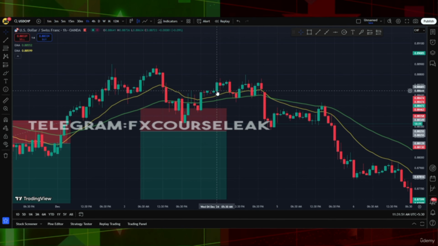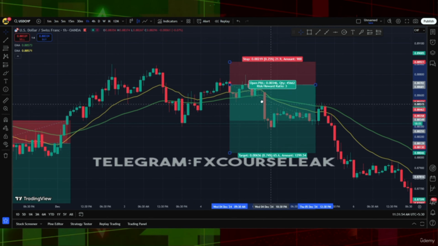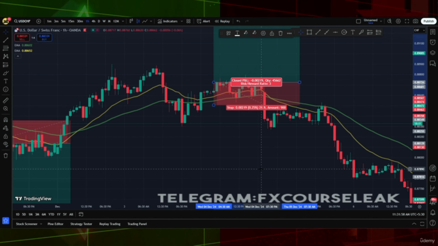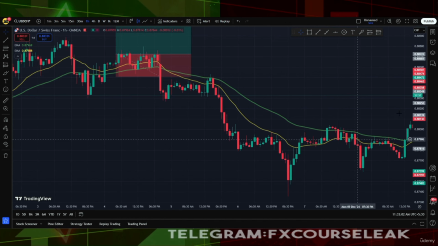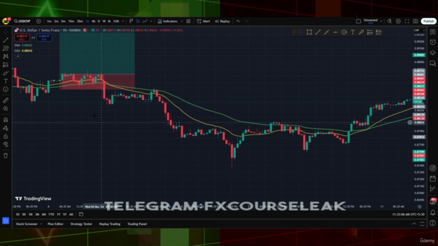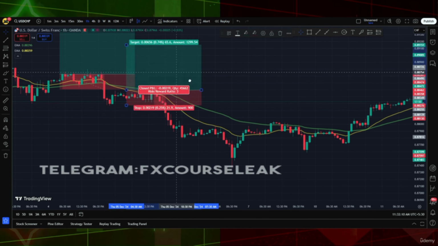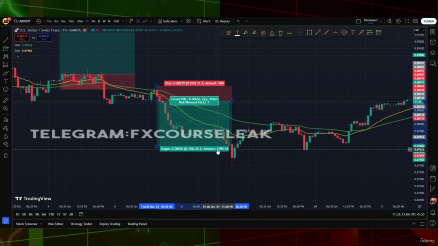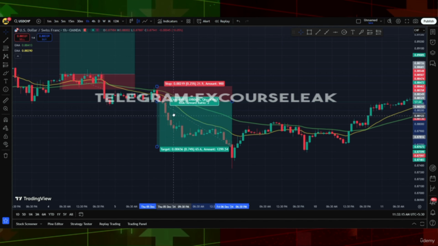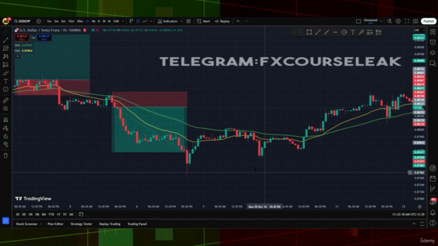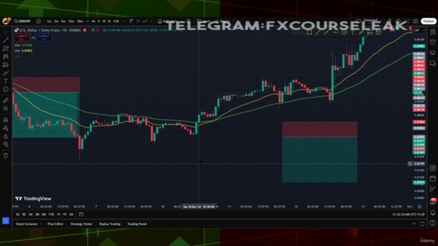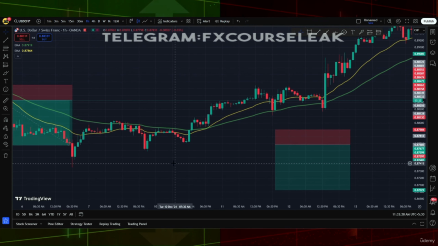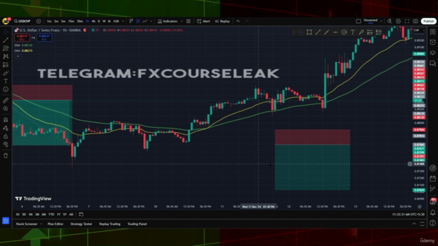Here we spot another one and we take the trade to the upside. One to the downside on this candlestick. Another one to the downside over here.